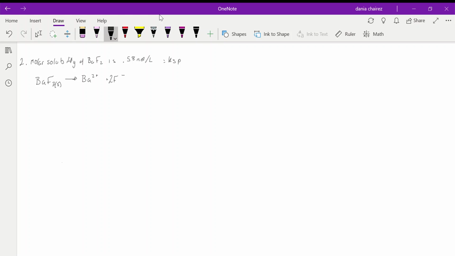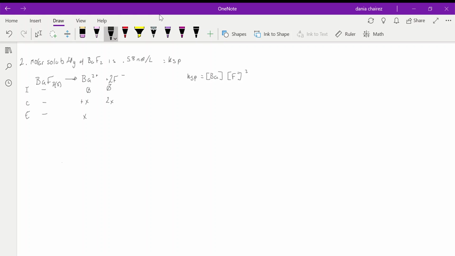So then I'm going to write the Ksp over here. Ksp is equal to barium times fluoride squared, right? But then once again, if we were doing our ICE table on this, and I'm saying this because we're going to have to use it, so 0, 0, plus x, but in this case it's 2x because we have our coefficient of 2, right?